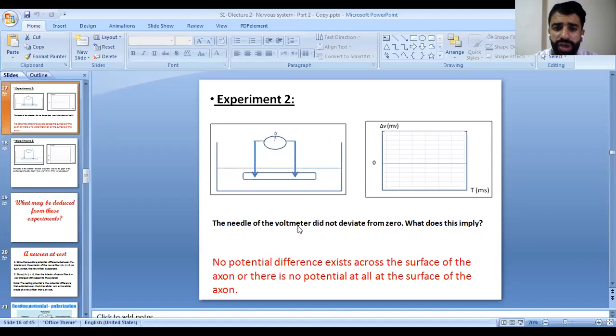In experiment 2, we placed the needles of the voltmeter inside, on the interior of the axon. So there is no potential difference, delta V is equal to 0, and the voltmeter didn't deviate. Why? There is no potential difference within the axon itself.